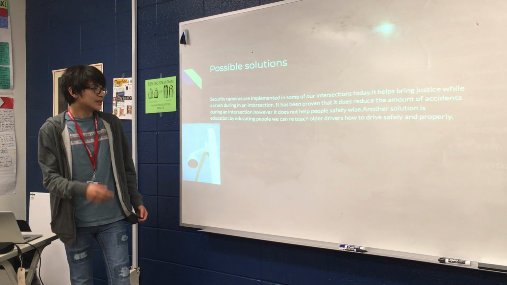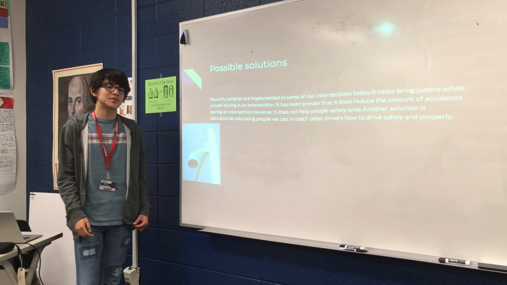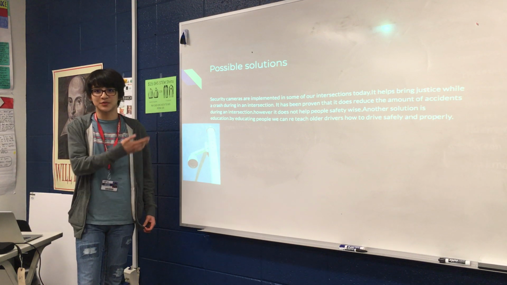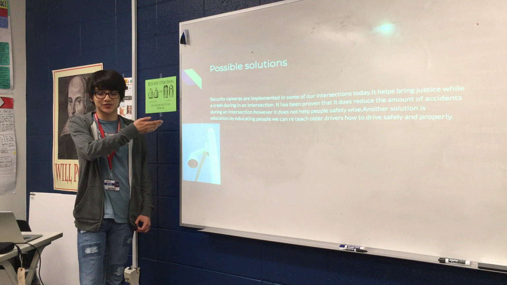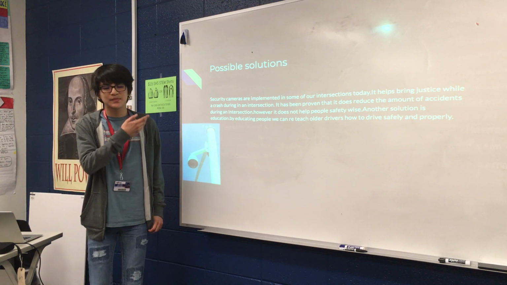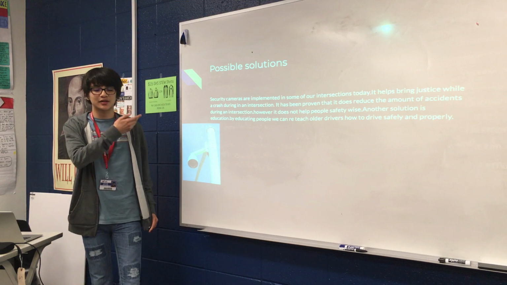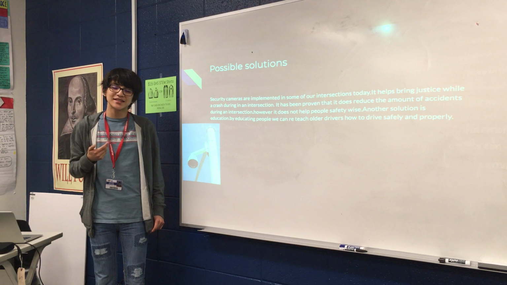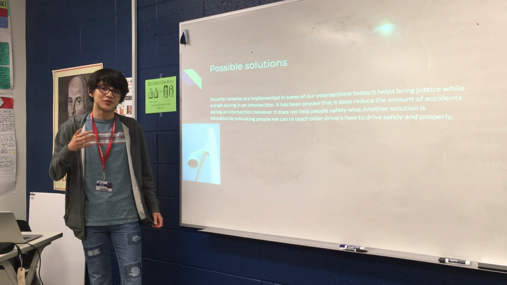Some possible solutions to this: we need to reduce how many people have accidents in intersections. There are some solutions right now, such as cameras, right? But they don't really help reduce the amount.